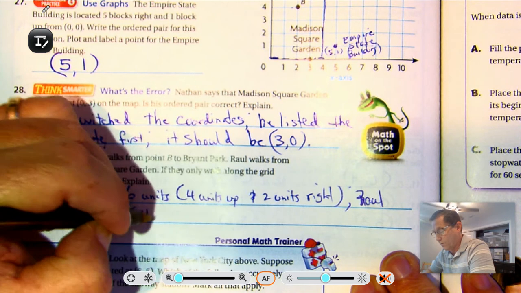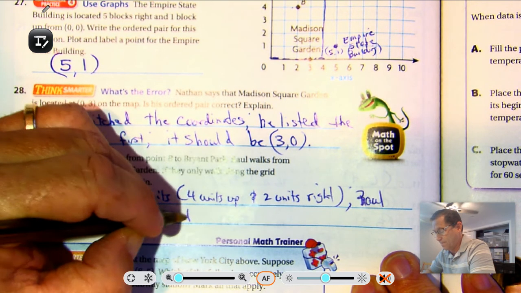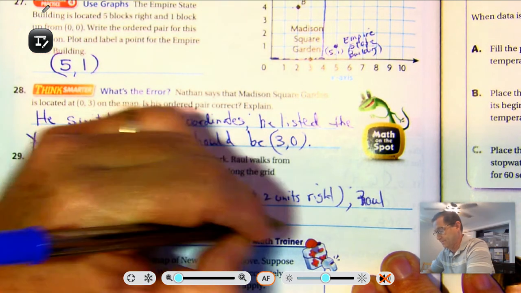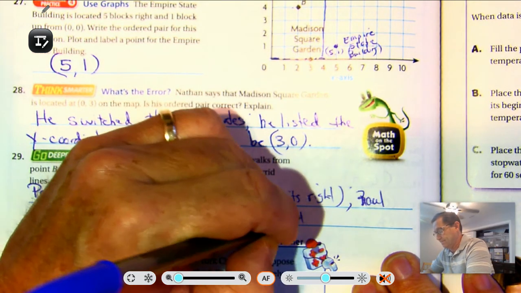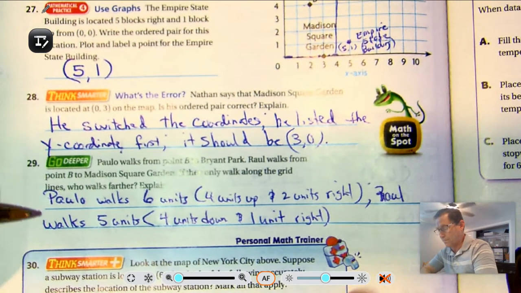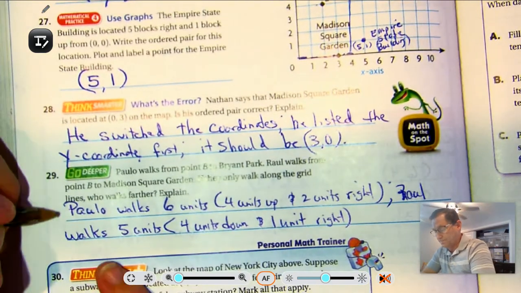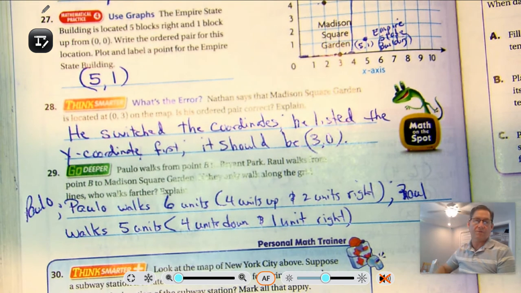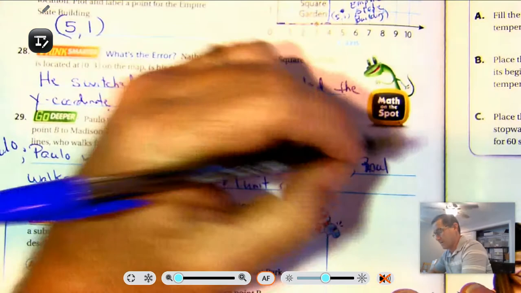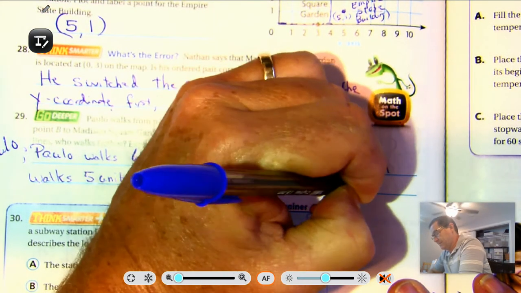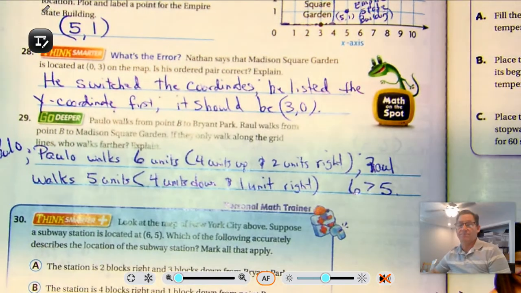So he walked 4 units down and 1 unit right. So our answer is Paolo walked farther. 6 is greater than 5.